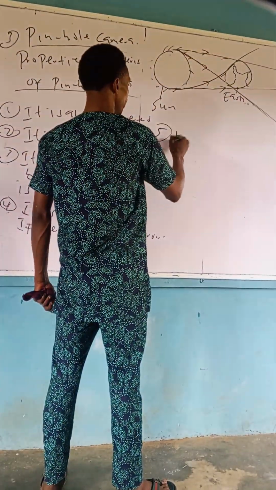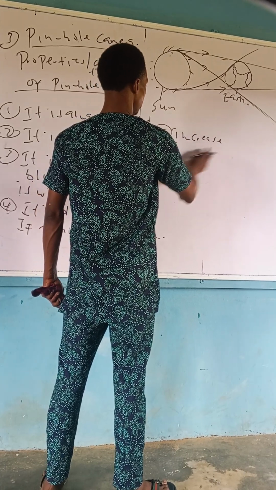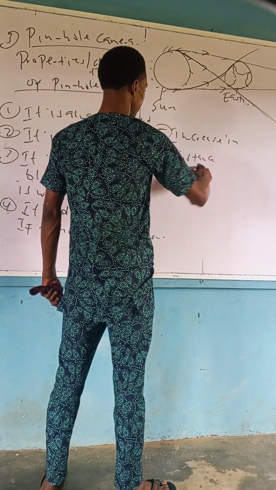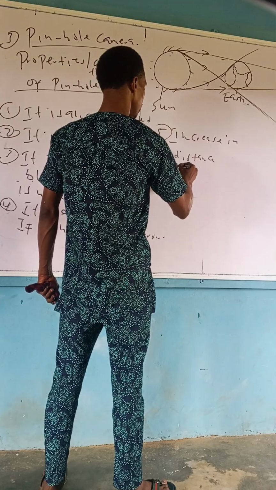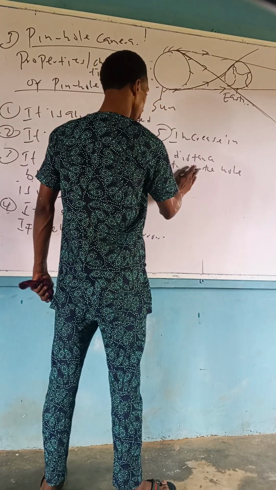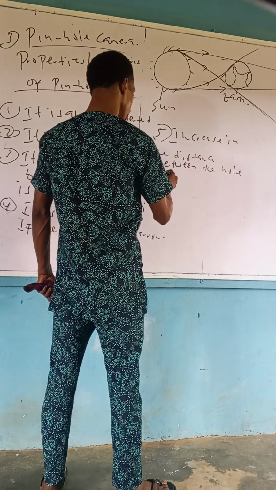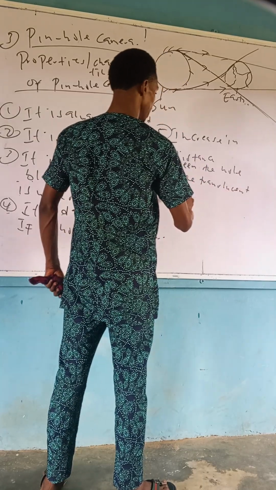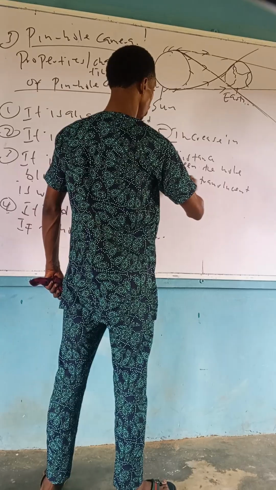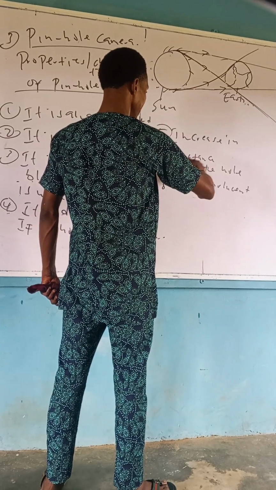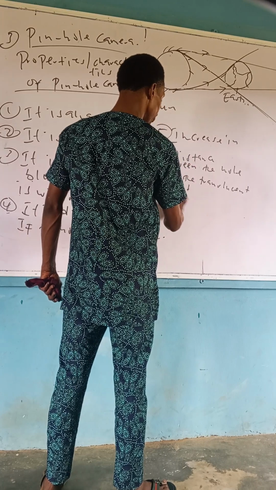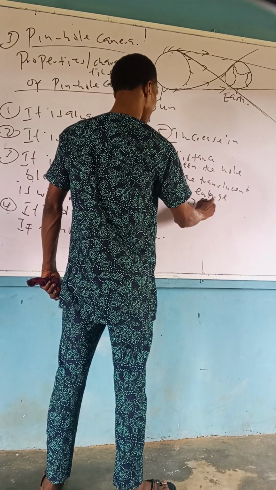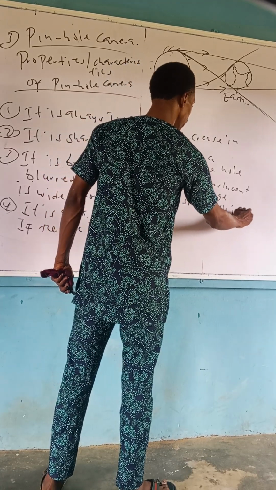Number 5. Increase in the distance between the hole and the translucent sheet enlarges the size of the image formed.